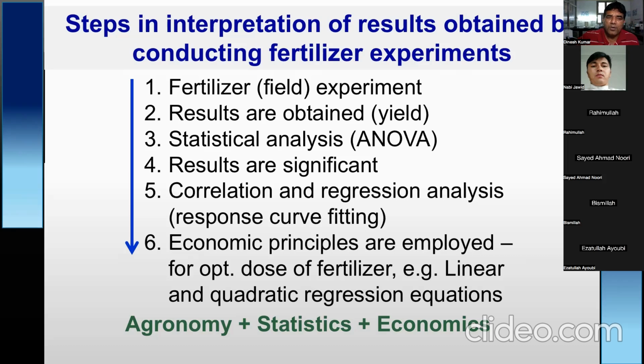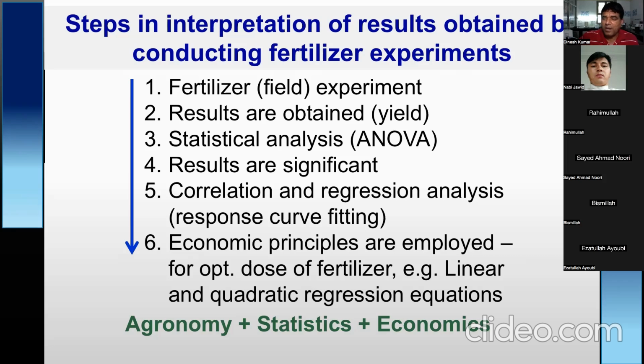So now there may be variation in yield. The yield obtained at control may be different from the yield obtained at 40 kg, 80 kg, 120 kg, and so on. So yields are not the same. There are variations in the yields. So why has this variation happened? Why has this increase in yield happened? And sometimes a decrease can also happen. So what are the reasons for it?